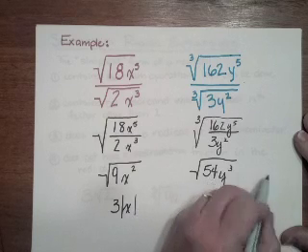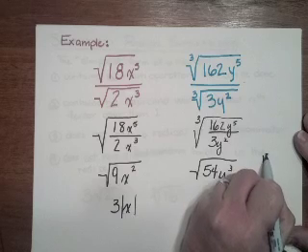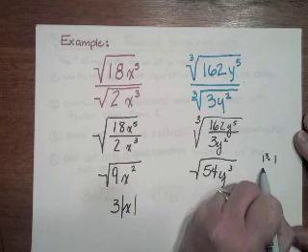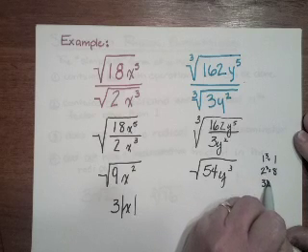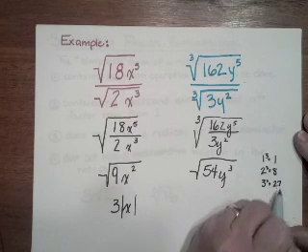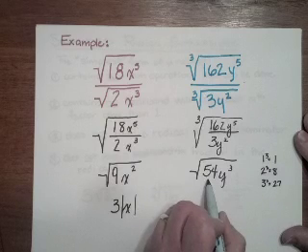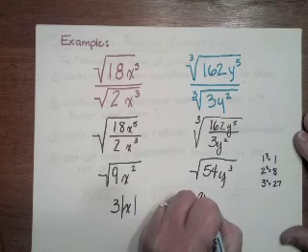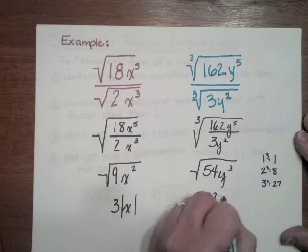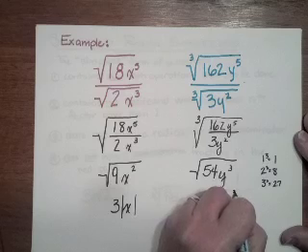And remember, I should have my little chart. 1 cubed equals 1, 2 cubed equals 8, 3 cubed equals 27. Well, 27 times 2 equals 54. So I'm going to have 27 times 2, y to the third.